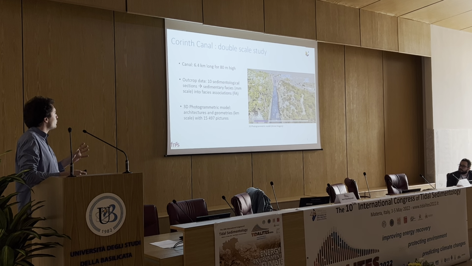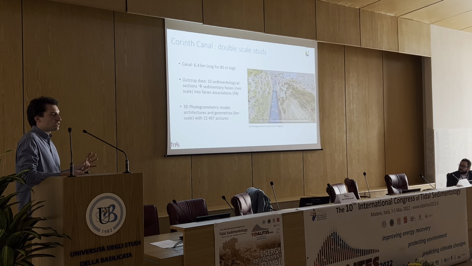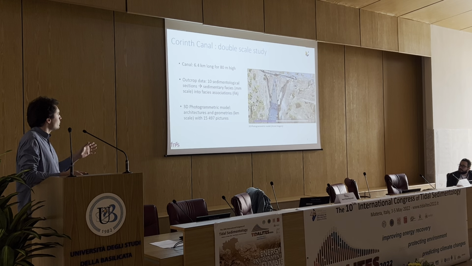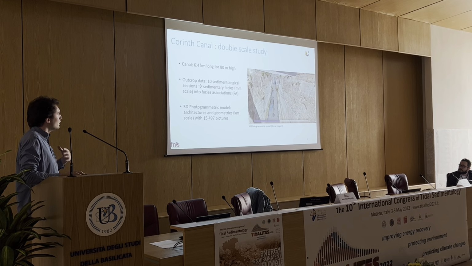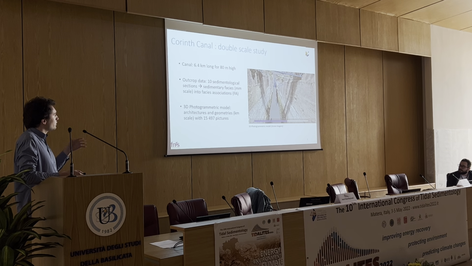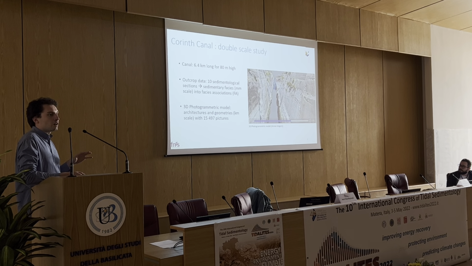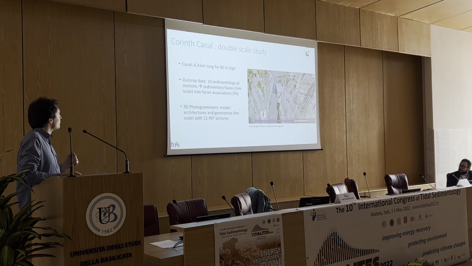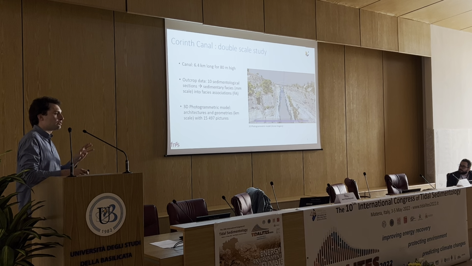And we were able to bridge the gap between the two scales due to the high resolution of this model. So we built this model by flying a drone through the canal and taking around 60,000 pictures. So you can see that this is a good resolution model that helps us clearly to bridge the gap between the facies and the large scale.